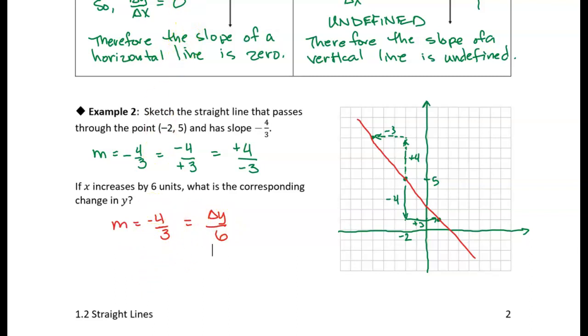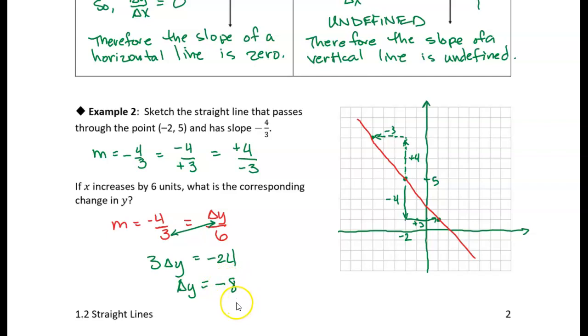You take 3 delta y, multiplying these two, is equal to -4 times 6, -24. And then you divide both sides by 3, and you get delta y is equal to -8.